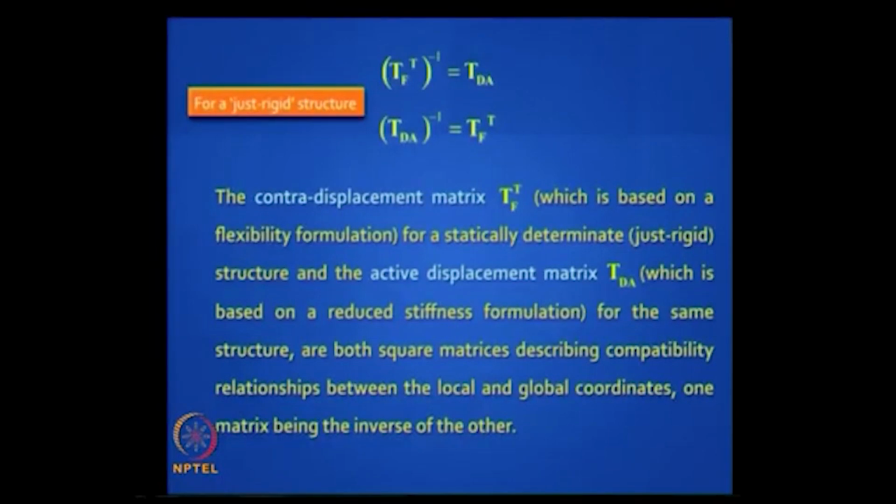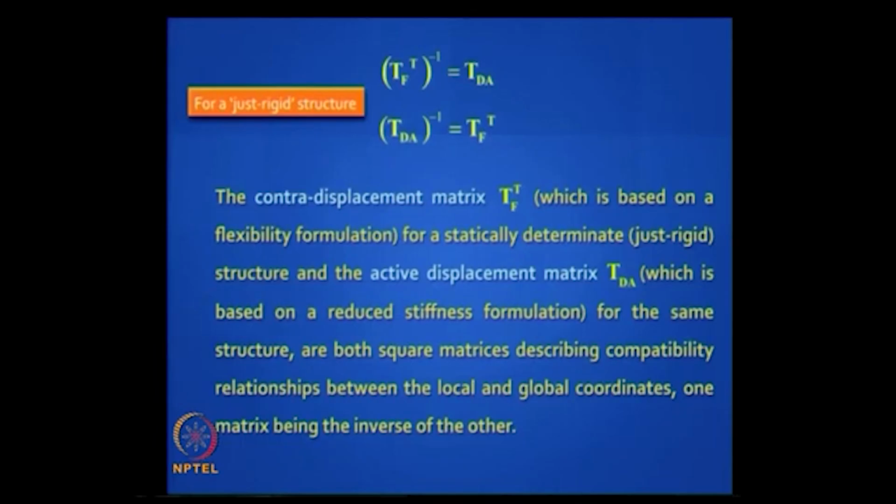Okay. So if you compare now the two transformations, you get another interesting result for a statically determinate structure. TF transpose inverse is TDA and TDA inverse is TF transpose. So you can get a potential question in the exam where I give you one of them and ask you to figure out the other. You have to bring this in. The contra displacement matrix, that is a name I have given, okay, but it is not a very common name.